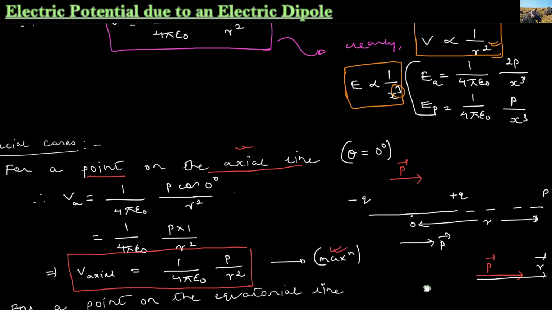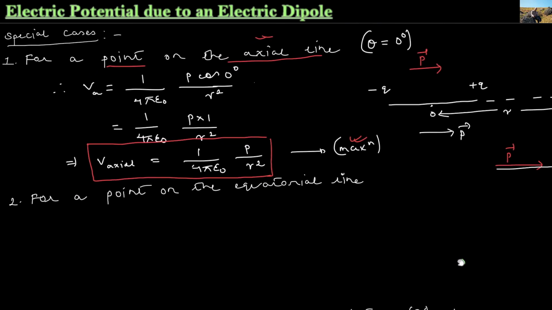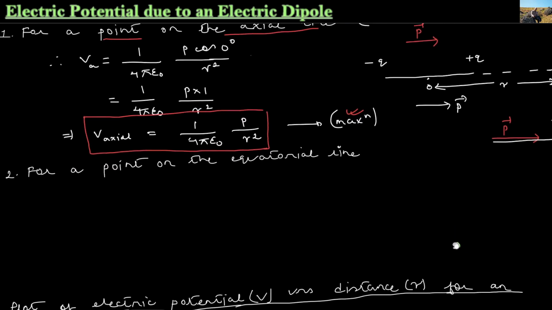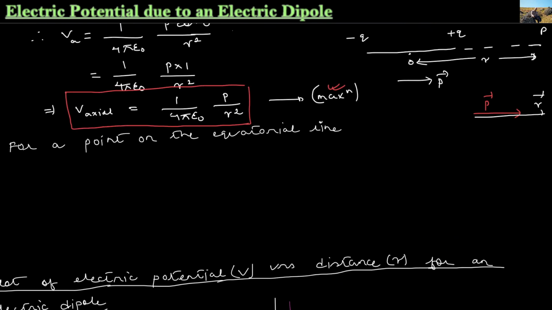Now let us consider special case number 2, when the point is on the equatorial line. Let us put an assumption in which the point P is located on the equatorial line. So this is our dipole.